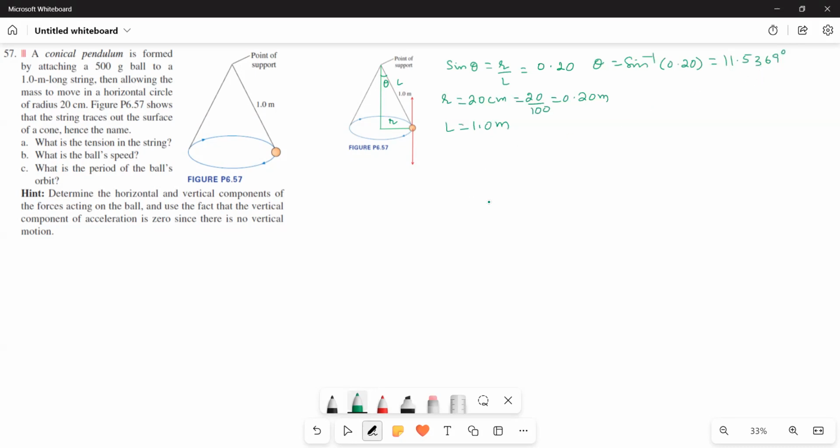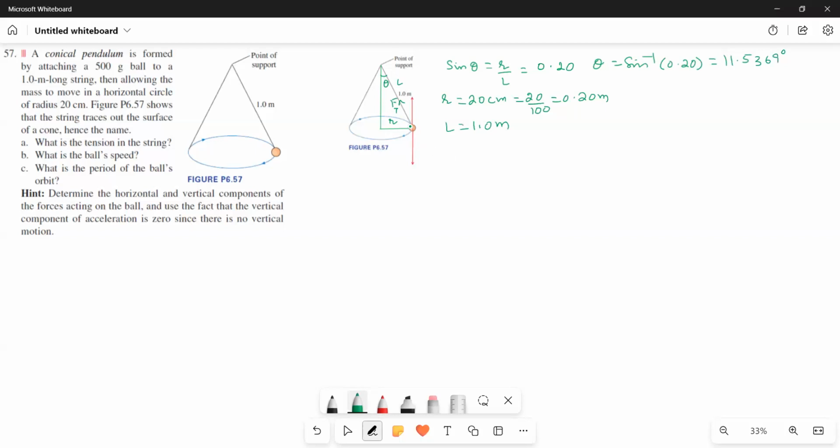Okay, rounding it. The first bit is we have to find out the tension in the string. For that, I have to resolve the forces into components. This is the tension force Ft. The ball is rotating in a conical circular motion, and the string is making an angle theta. Therefore, the tension is making an angle theta with the vertical.